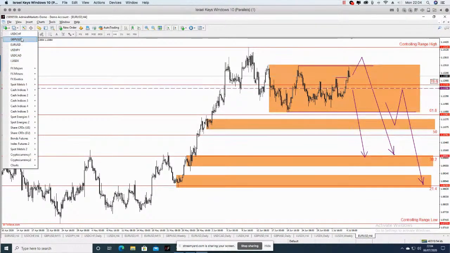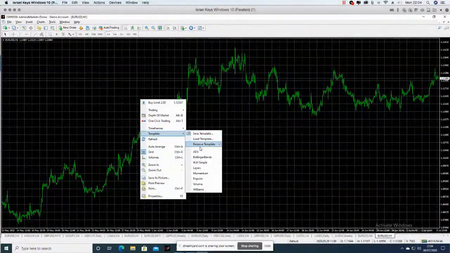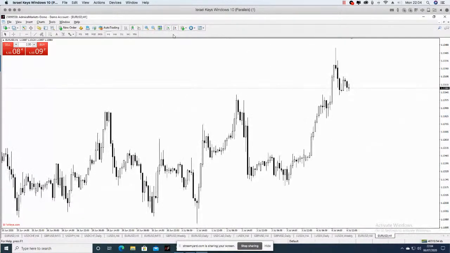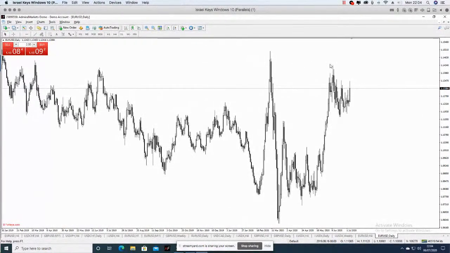Now, I'm also going to look at the daily chart. And this is what you see on the daily. So, market structure break there.